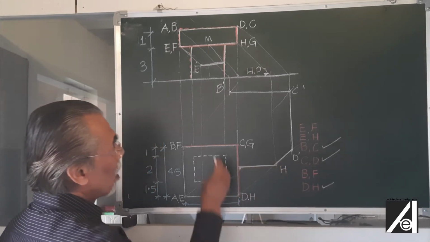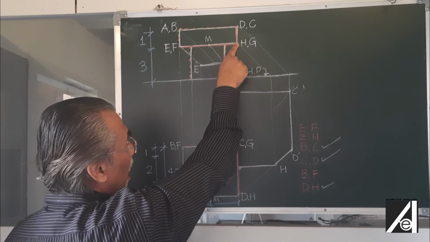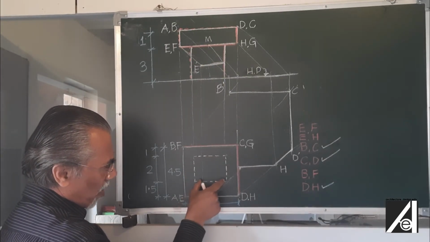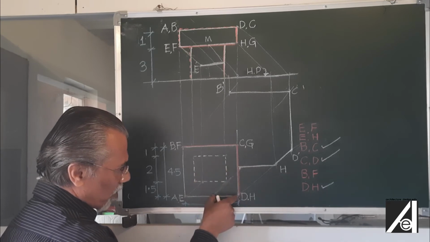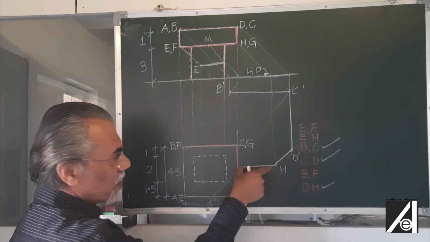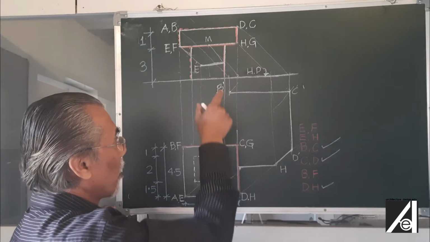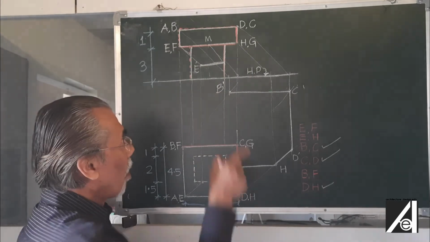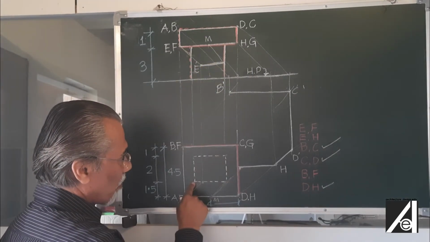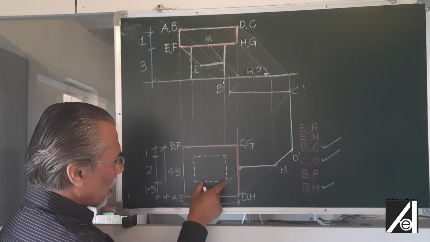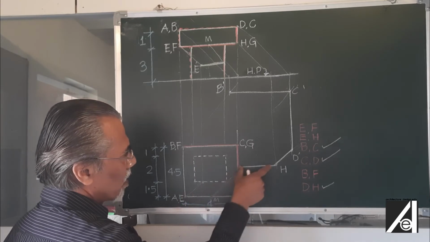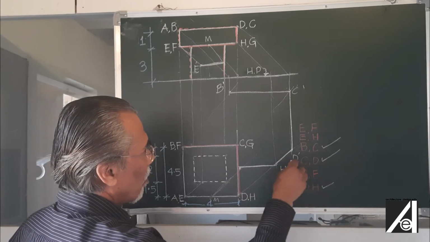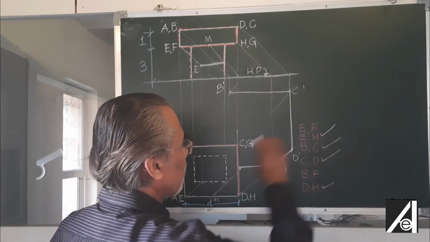So this is how the shadow of edge EH is split between this portion coming here and this portion coming on the ground. This is the tricky part of this exercise, that the shadow of this edge EH is split between this vertical surface and the ground. So this has come here and this has come here. So this is how I have completed the shadows of these four edges.